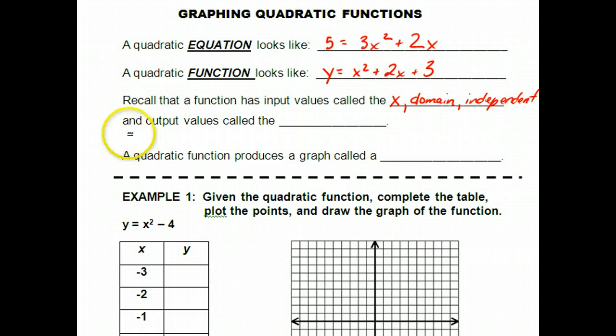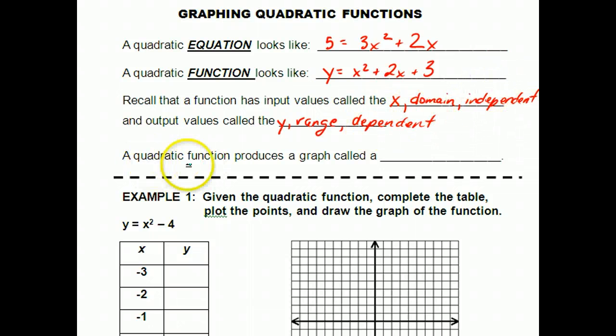Okay, our output values are associated with the y variable, usually, or the y-axis, the range, and are also called our dependent variables. Okay, so our y values are dependent upon what happens to x.